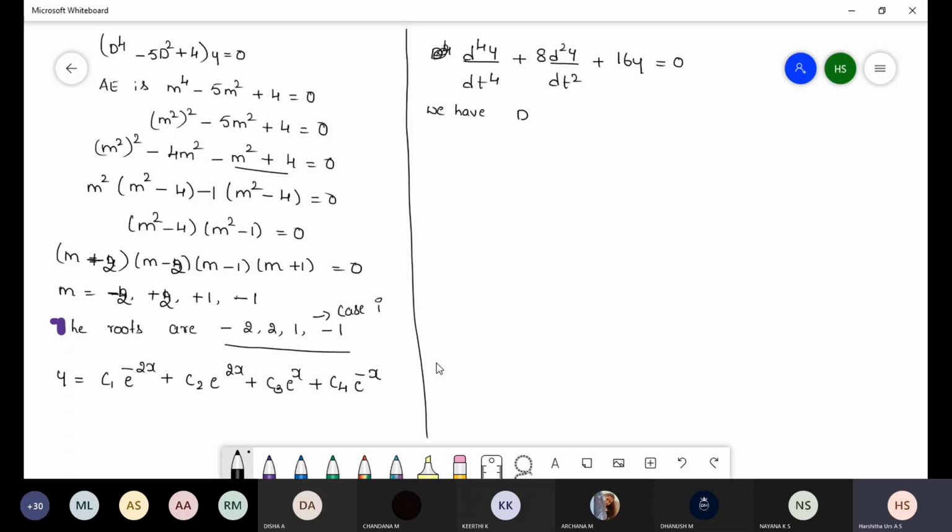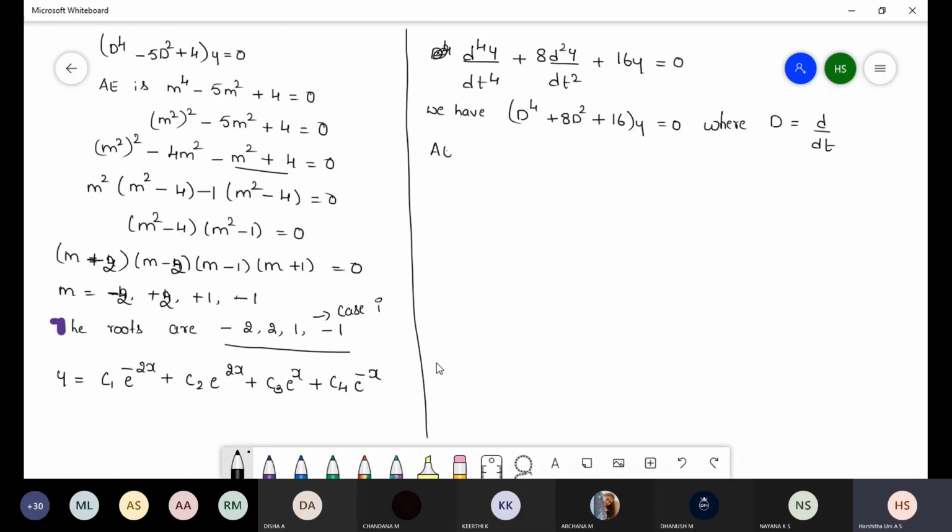So in terms of t they have given. So we write d power 4 plus 8d square plus 16 whole into y is equal to 0, where our capital D is d by dt, that we have to mention.